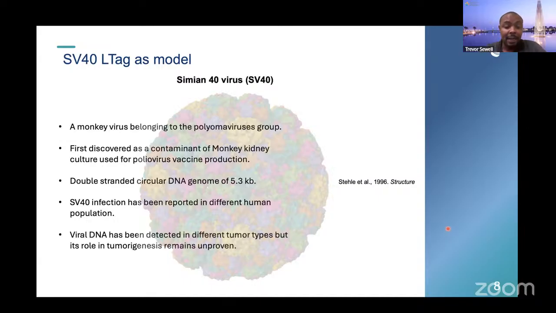However, the role of this virus has been very debatable. It has been linked to several tumors, but the particular implication of the virus with tumor development is still a subject of active research.